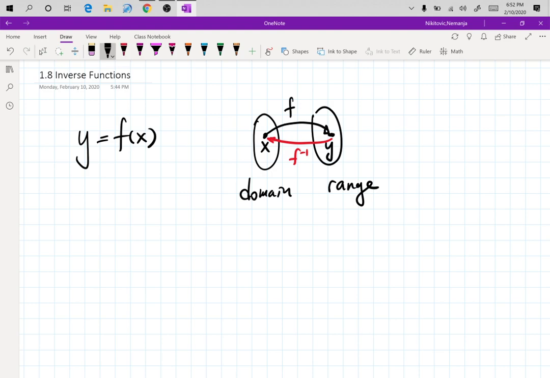In some cases, not all. So if I say that f of 3 is 19, then f inverse of 19 will be 3, because the inverse is supposed to undo the calculation.